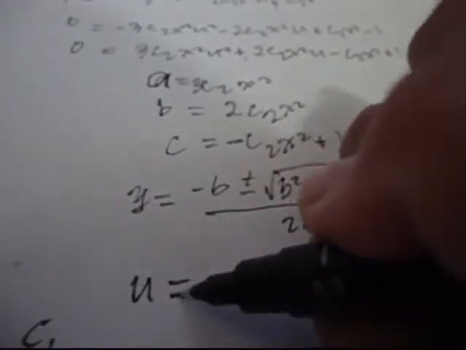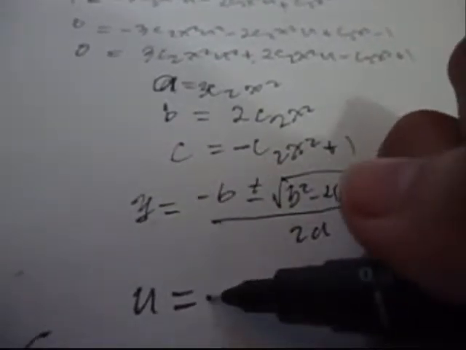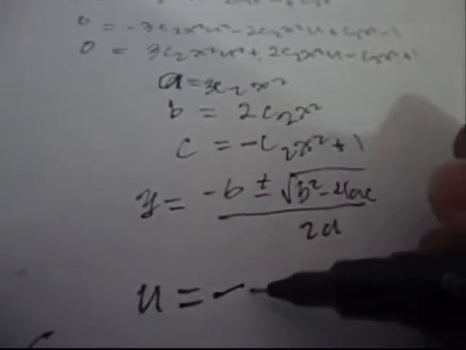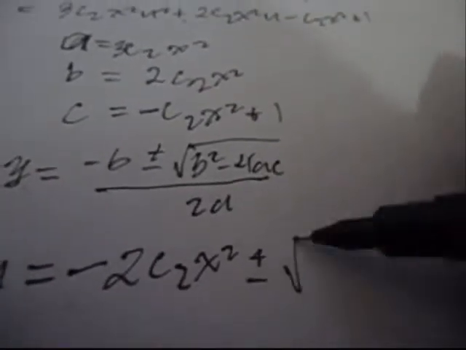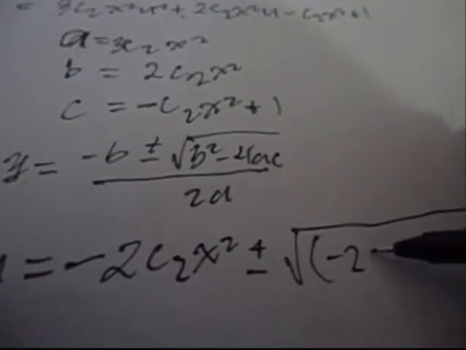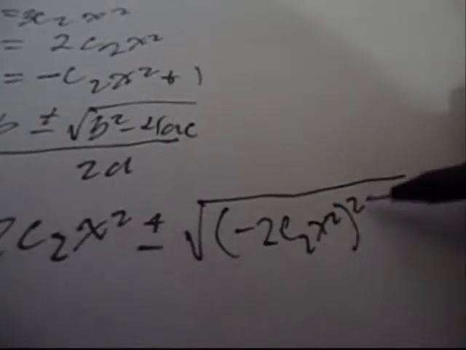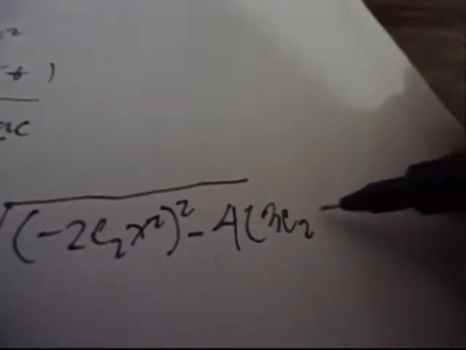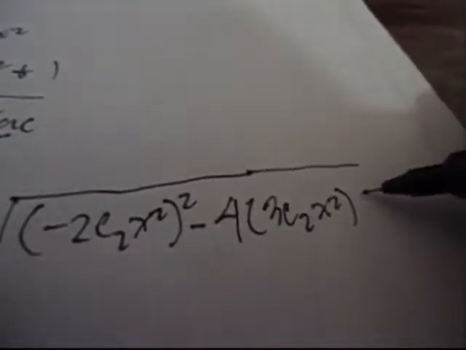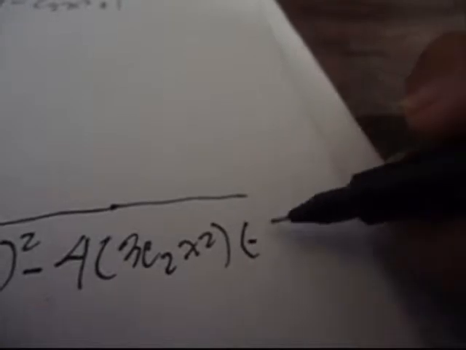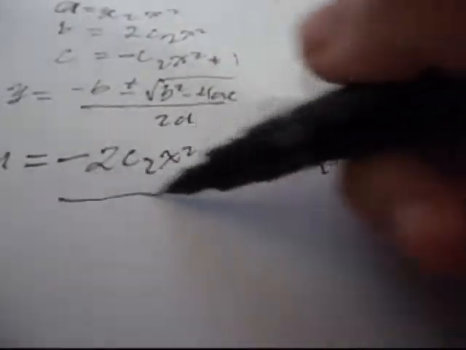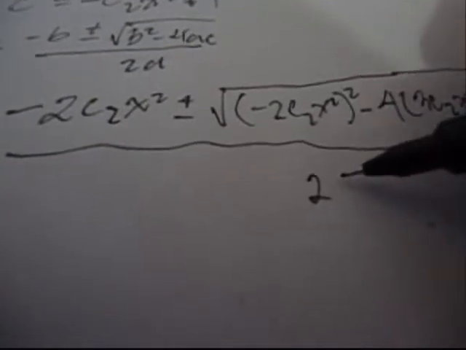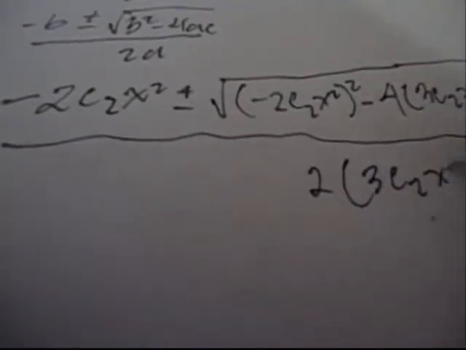We have u equals negative 2c2x squared plus or minus the square root of 2c2x squared squared minus 4 times our a, which is 3c2x squared, times our c, negative c2x squared plus 1, all over 2a, which is 3c2x squared.